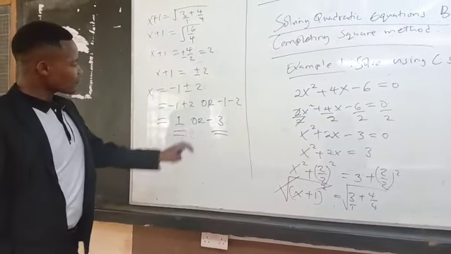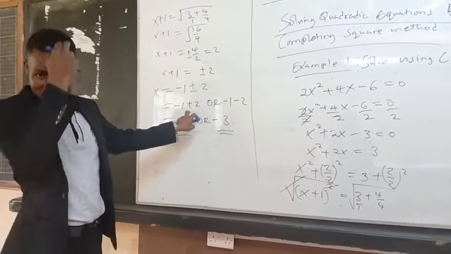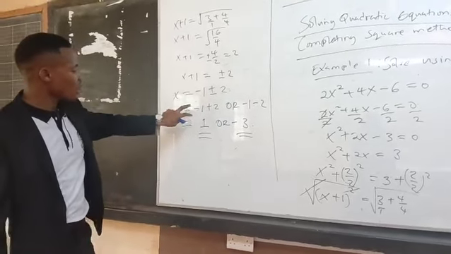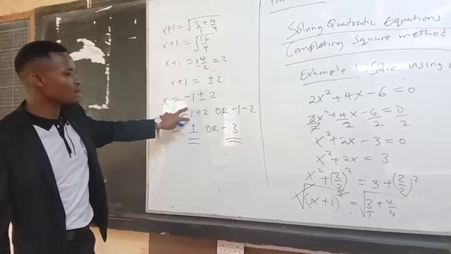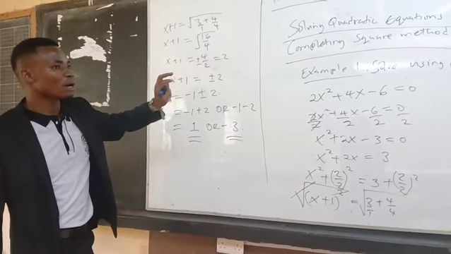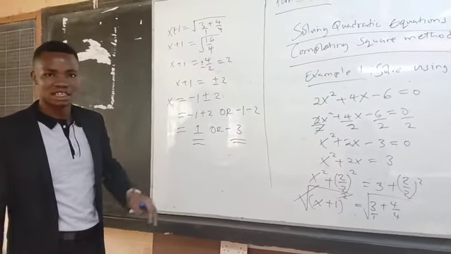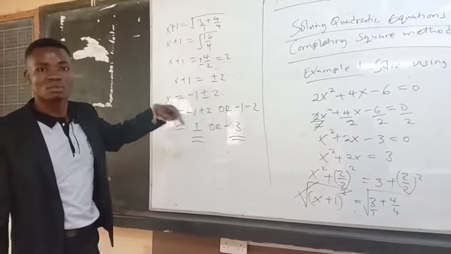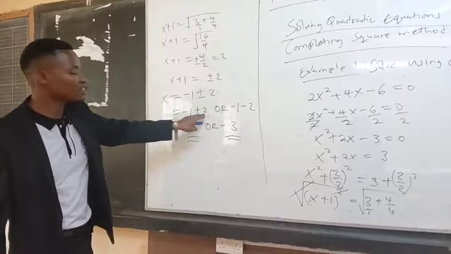I notice that some of you don't know how to work out these negatives. Assume you borrowed 1 shilling from somebody that you are supposed to refund, and you refunded 2 shillings.